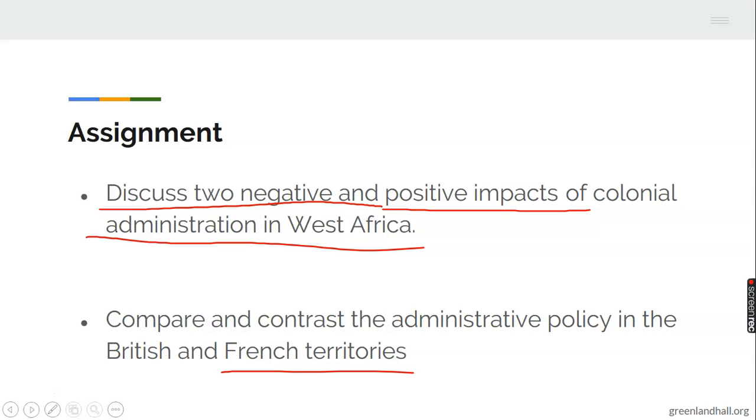Yes, you can tell us a few of the negative impacts of colonial administration. Yes.